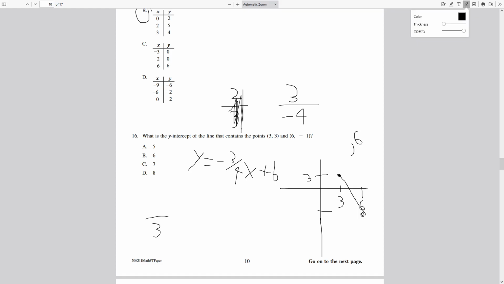You go down 3, 2, 1, 0, 4. So it's negative 4 over 3, I think.